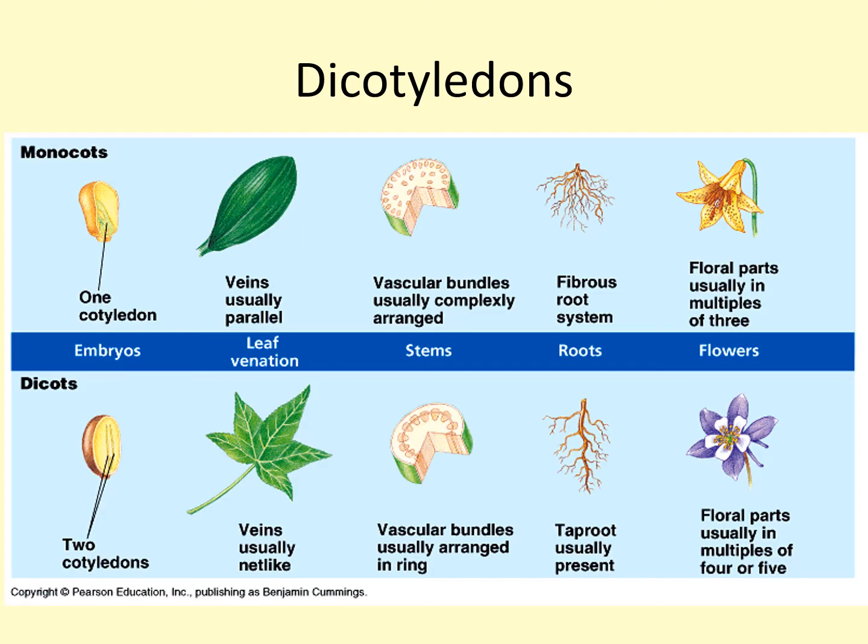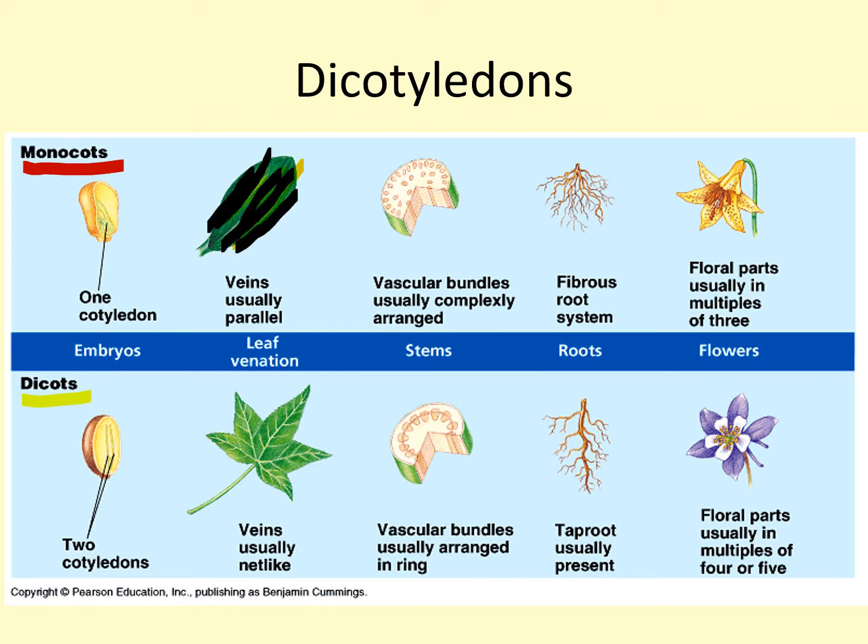So you can see here you've got the monocots and then you've got the dicots here. Monocotyledons have one embryonic leaf. Their veins, if you looked at the veins in the leaf, run parallel to each other through the leaf.